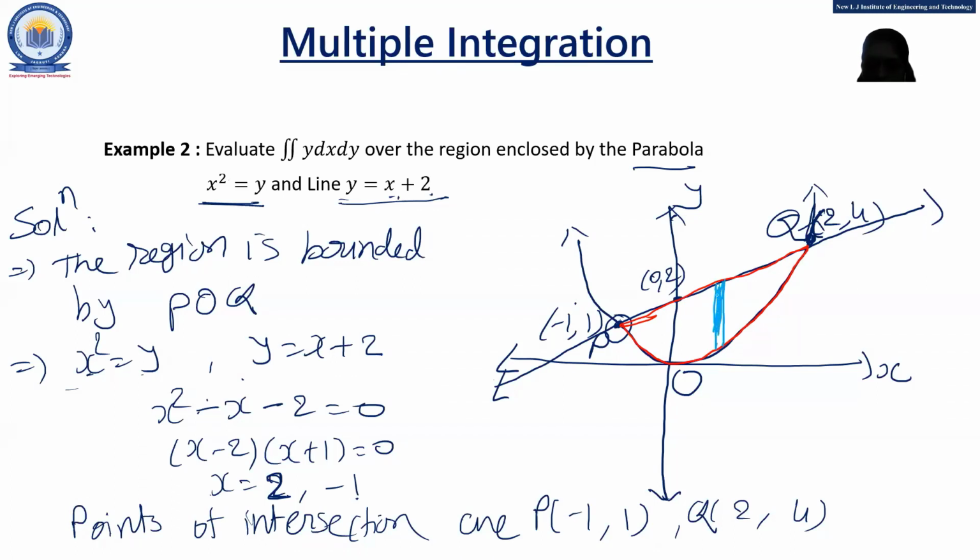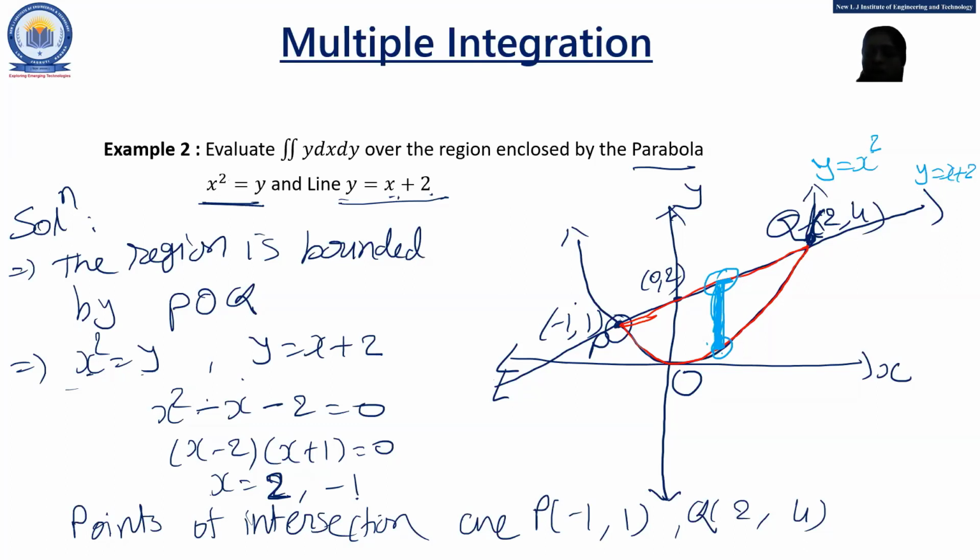For this vertical strip, my bottom part is on the curve y equal to x square, right? And the upper part is on the line y equal to x plus 2. So my bottom part is y equal to x square and upper part is y equal to x plus 2.